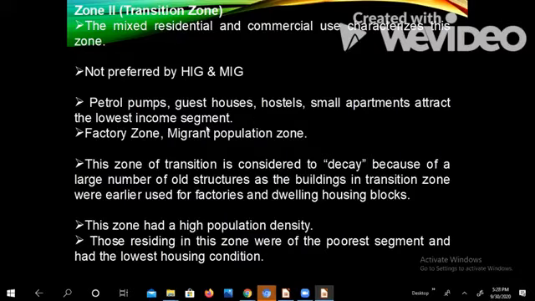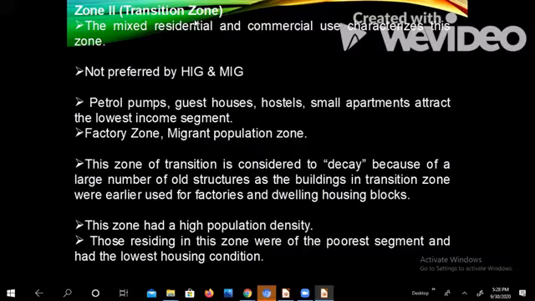Now, this is the region where you can find, apart from the factories, the petrol pumps, the guest houses, etc. Why so? Because this region connects to the CBD region. People would be going through this region to the CBD region, so there would be petrol pumps to cater to the CBD area. The land use over here will be such as to cater to the CBD, through petrol pumps, car sales or small guest houses.